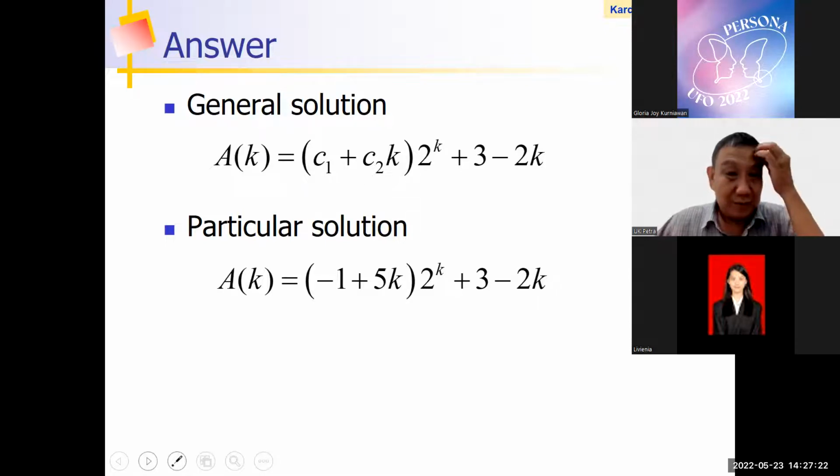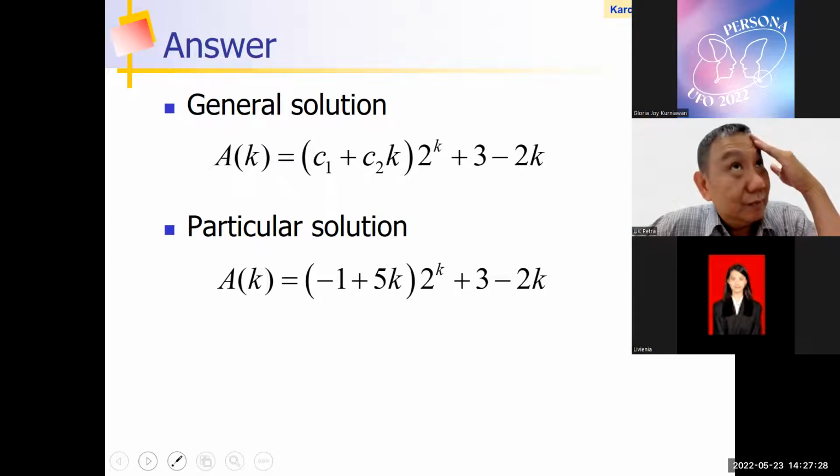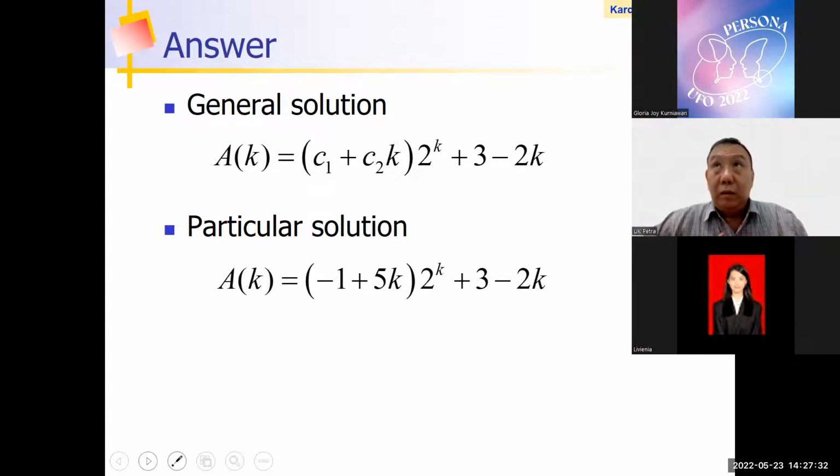I have a question. How do you apply, like, when do you apply the non-homogeneous equation in real life? In real life, when you will solve a model, remember, you create your own model.